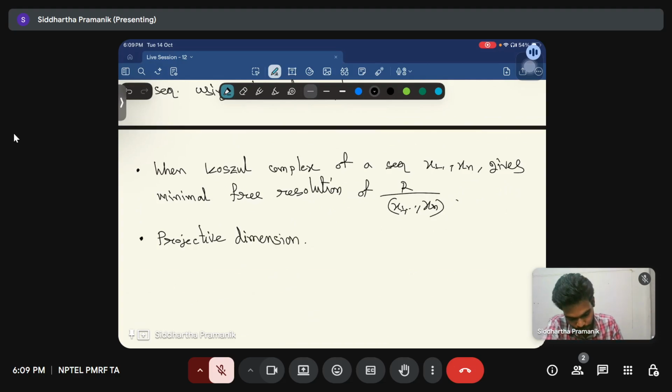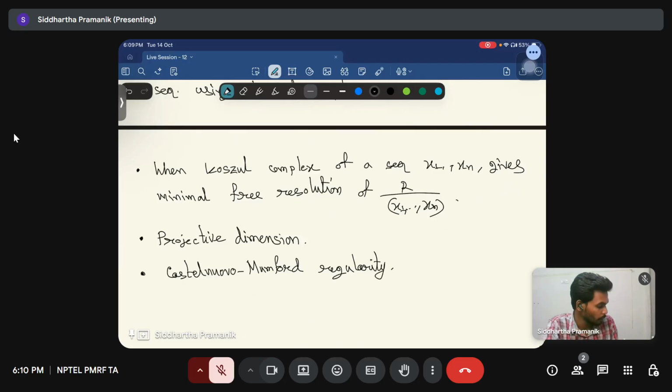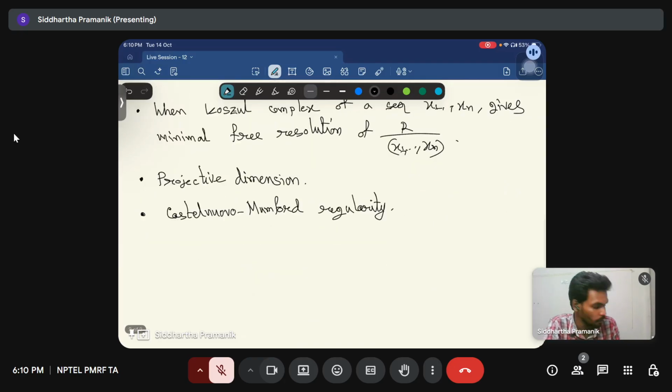Also the Castelnuovo-Mumford regularity, or just regularity. And applications of this regularity to Hilbert functions, to determine when the Hilbert function coincides with the Hilbert polynomial.